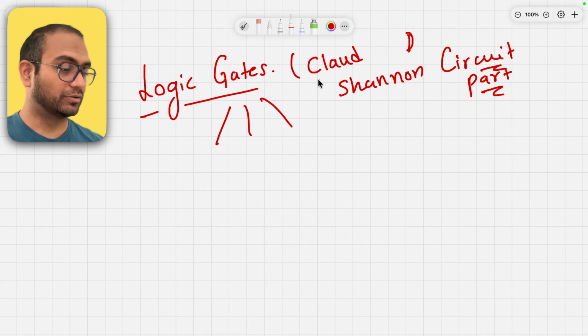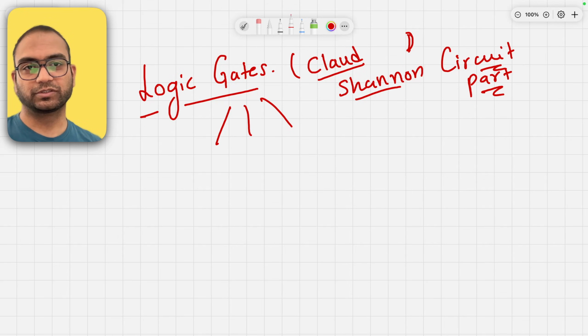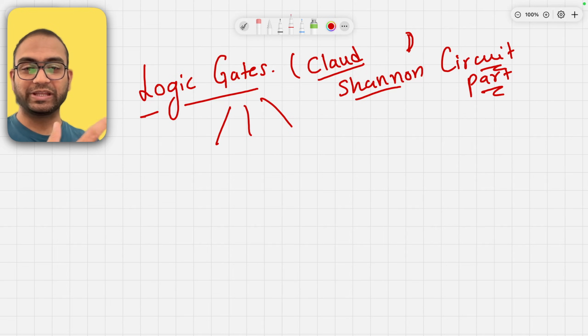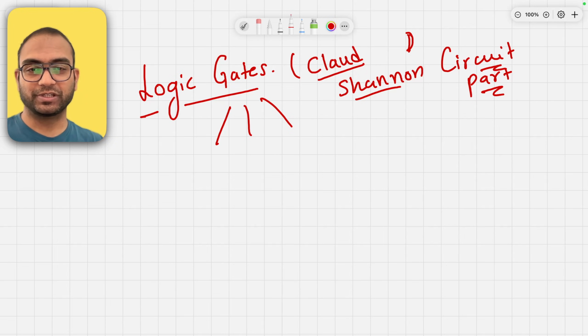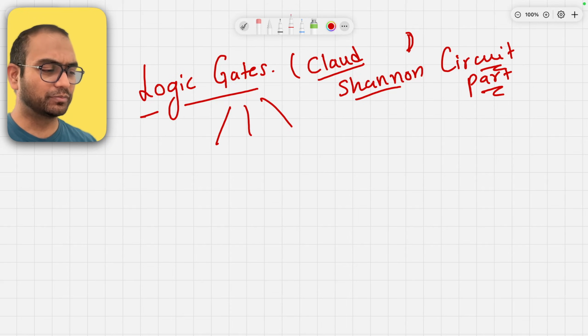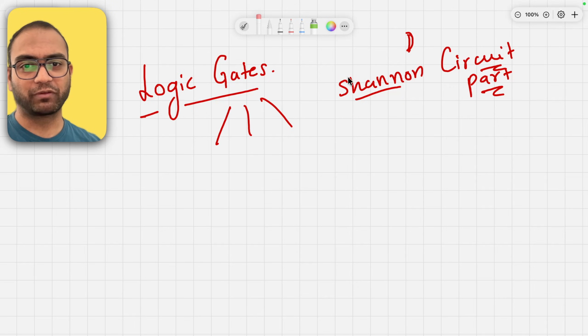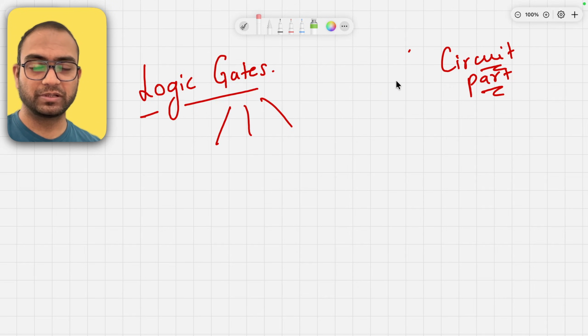It was his master's thesis on how to use relays and switches to implement logic. He took Boolean algebra, and the consequence was that we could implement Boolean algebra as circuits.